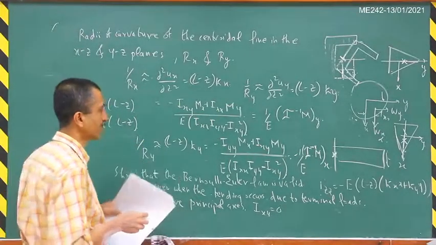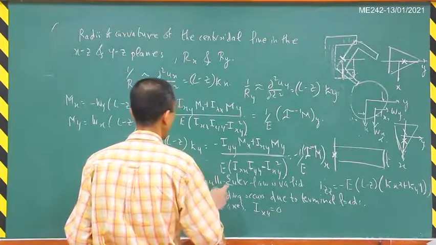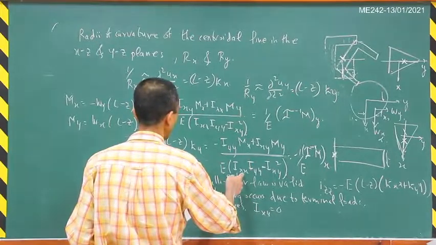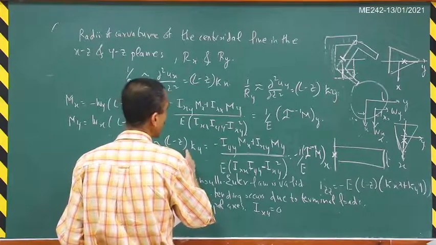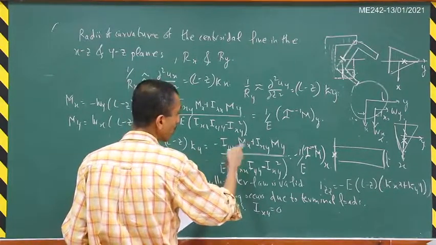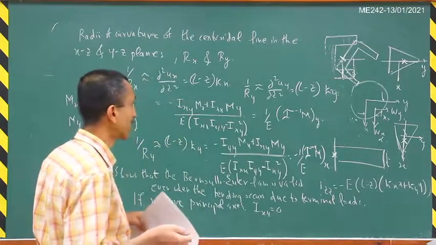So in this particular case you will get EI del square u by del z square is equal to M. So the usual equation for bending, you will get back that particular equation here.